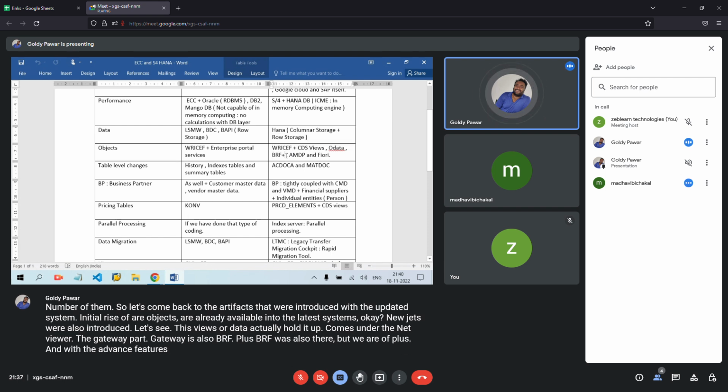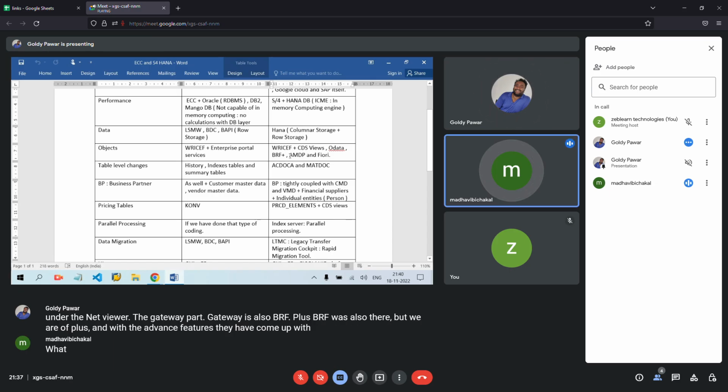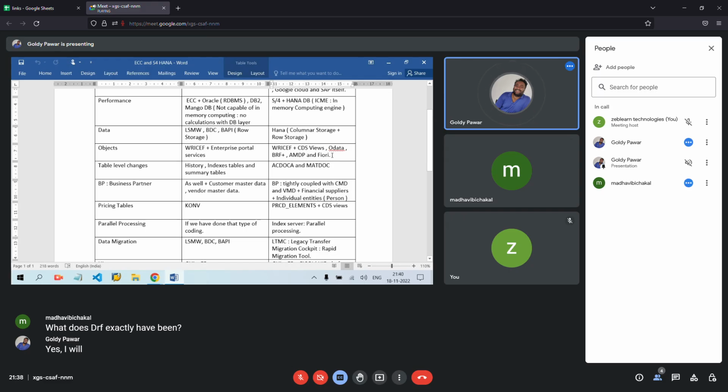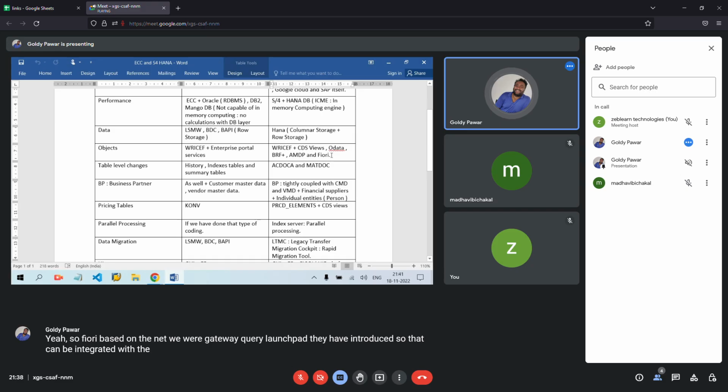We will discuss BRF also. Fiori, based on the NetWeaver Gateway, Fiori Launchpad they have introduced, so that can be integrated with the OData services with the help of the NetWeaver gateway layer.